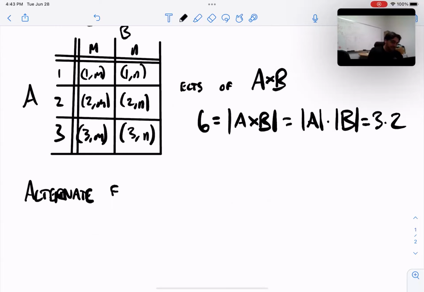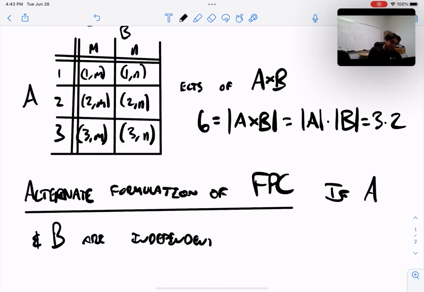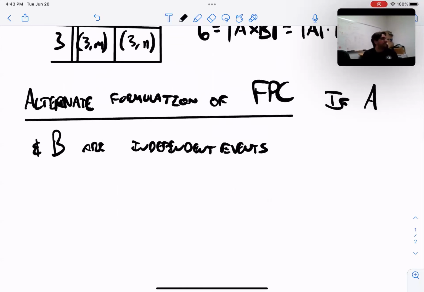So an alternate formulation of the fundamental principle of counting is you could say, if A and B are independent events, and we'll get to what that means in a sec. And what's an event? Well, in a probability theory course, you would define that really carefully. Here we'll see more through example what kind of thing we're talking about.